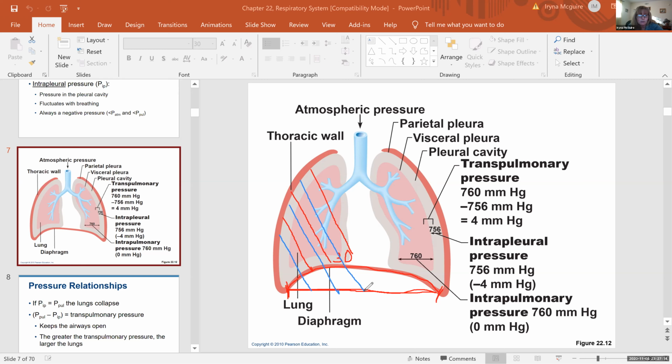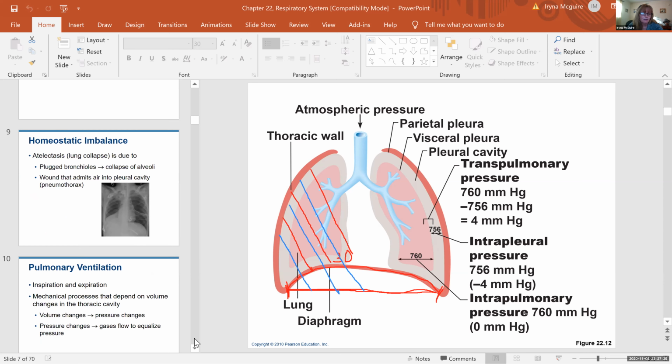So the point I'm trying to make is, when the diaphragm contracts, the volume of the thoracic cavity increases. So that's what it says over here.